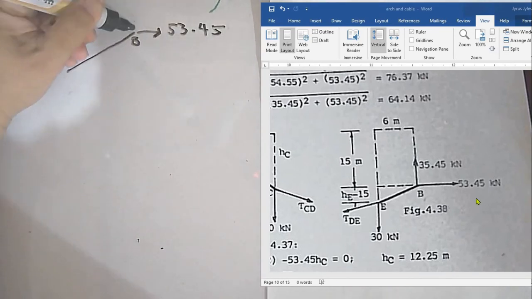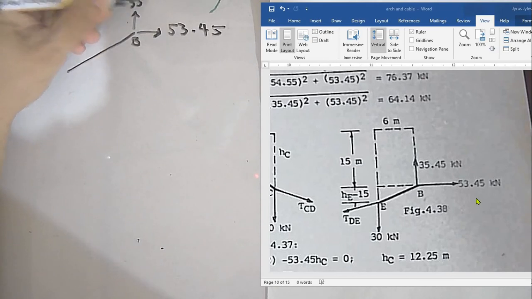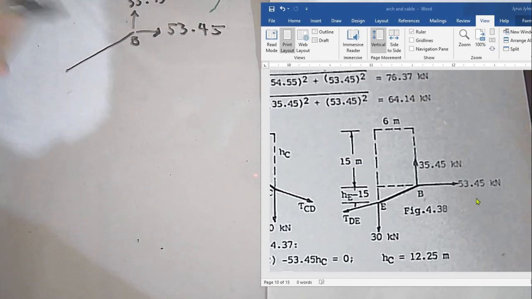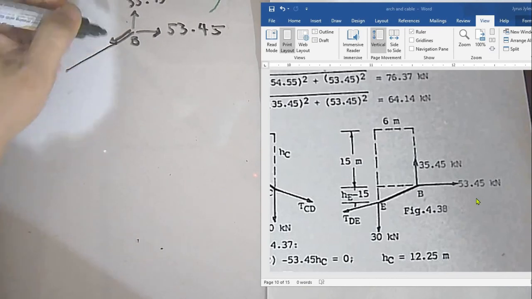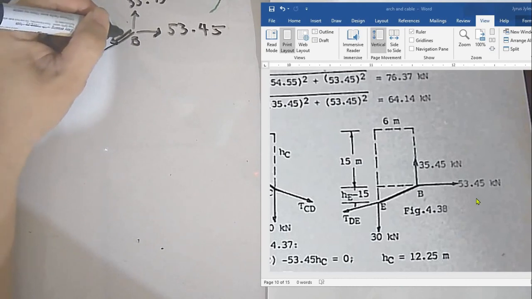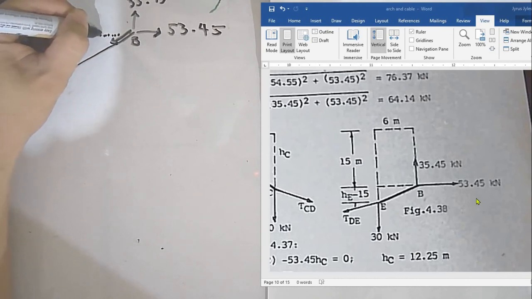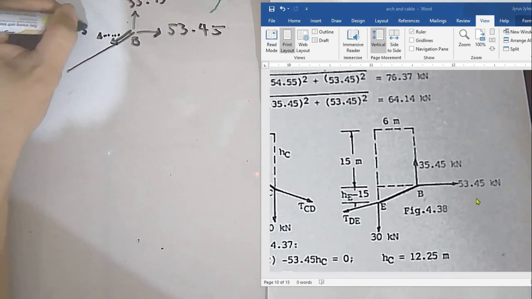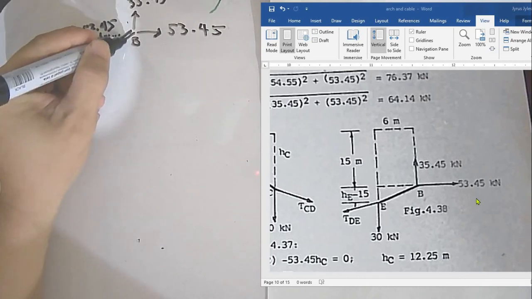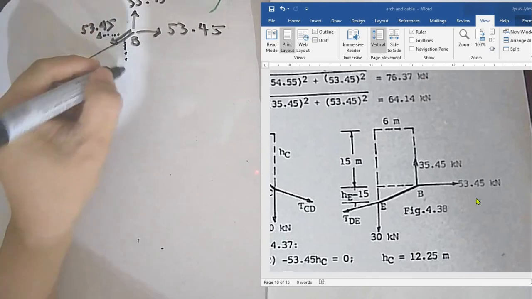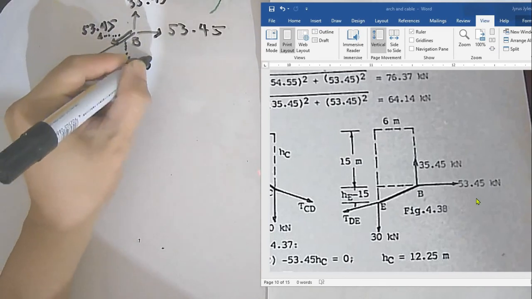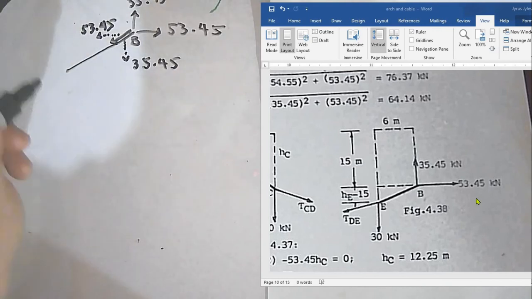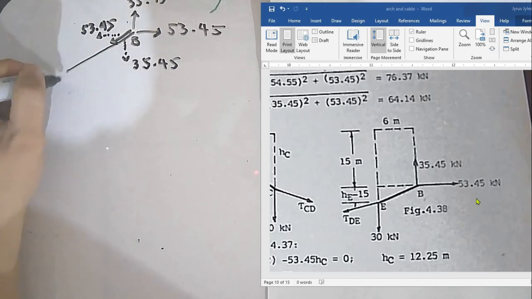And then we have 35.45. And then, obviously, meron tayong tension force dyan. Ngayon, yung tension force na yan, ang kanyang horizontal component would be the same as this, 53.45. Ano? And then, yung vertical component naman ng tension force na yan would be the same as the vertical reaction at 35.45.